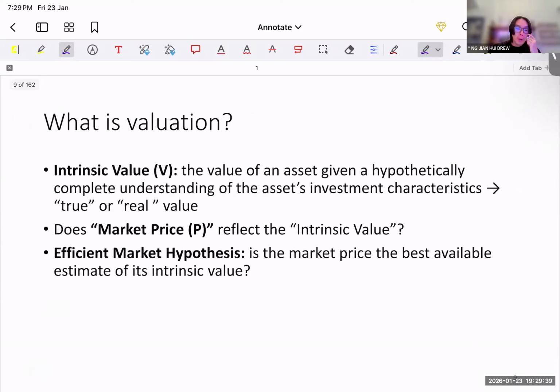Okay, so we have a small component here where we try to understand, is the market value the same as the intrinsic value, right? We have two kinds of things, intrinsic value and market value. Has anyone heard of this efficient market hypothesis? I know it's probably in the next few slides, but in your own words, what does this efficient market hypothesis mean?